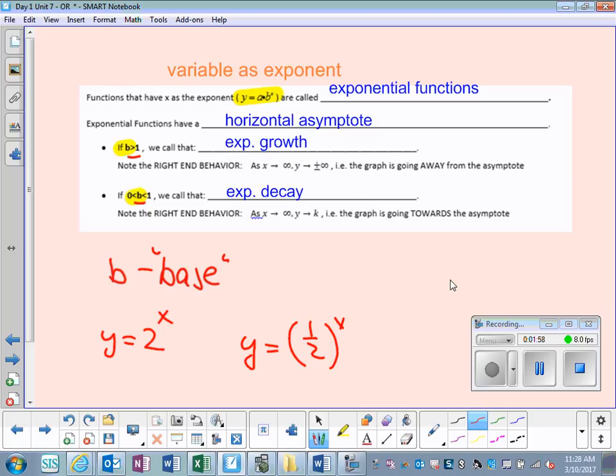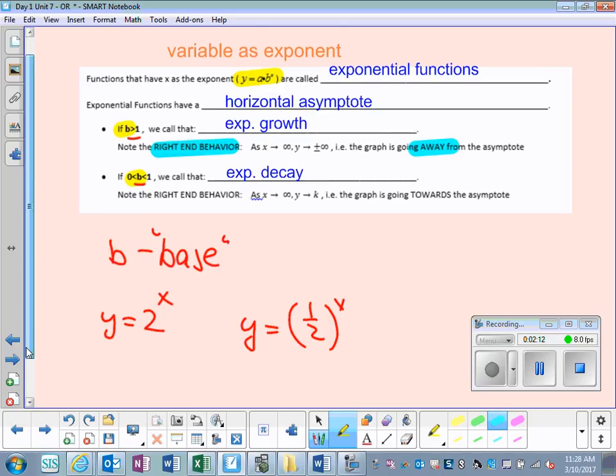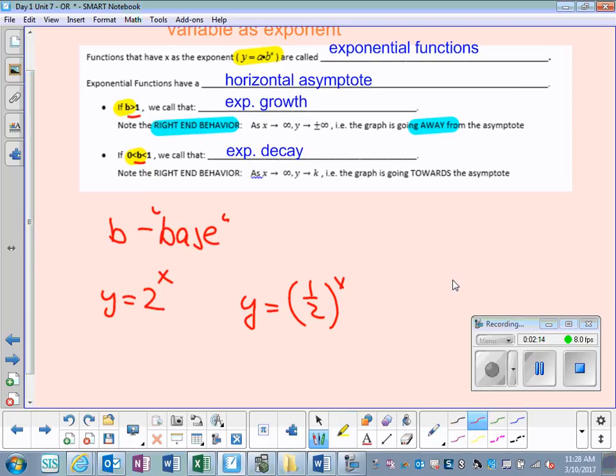So for the exponential growth, if you look on the right end behavior, as our x goes to infinity, the graph will go away from its asymptote. Right, so for this kind of function, on the right, the function will go away from my horizontal asymptote, in this case, just the x-axis. You see how it goes infinitely up.